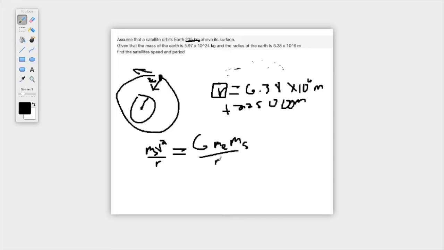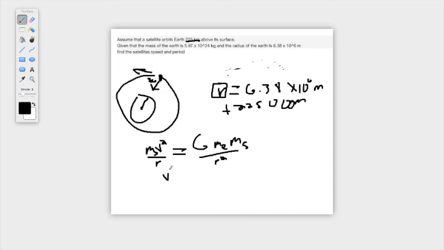Remember, don't forget to add these. So the mass of the satellite cancels out, which means that it's mass independent. Say if you have a satellite that is 1,000 kilograms versus 100,000 kilograms, it would still move at the same speed because, as you see, the mass cancels out.